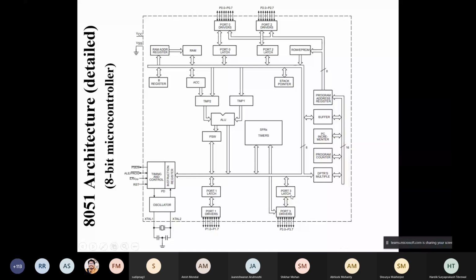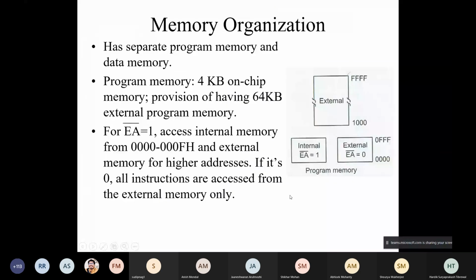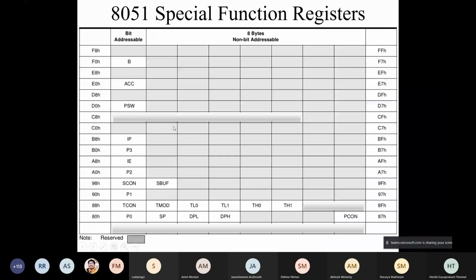These latches are actually registers, special function registers. Port 2 latch in that block diagram represents A0. Port 3 latch represents the B0 address. So we are going deeper into the problem. Almost every block in that block diagram has its own unique address.